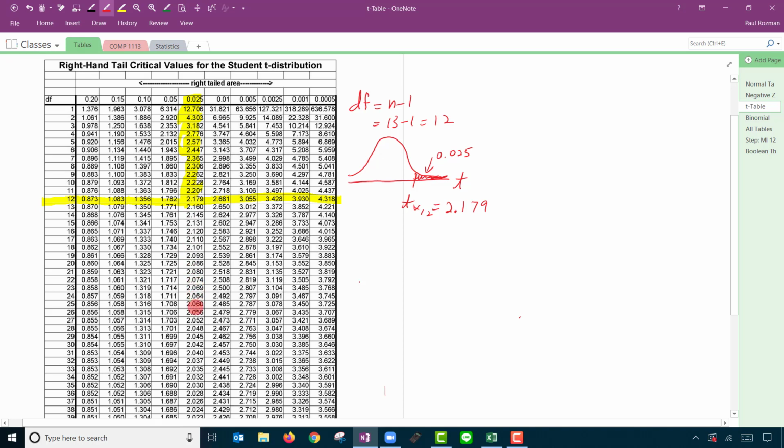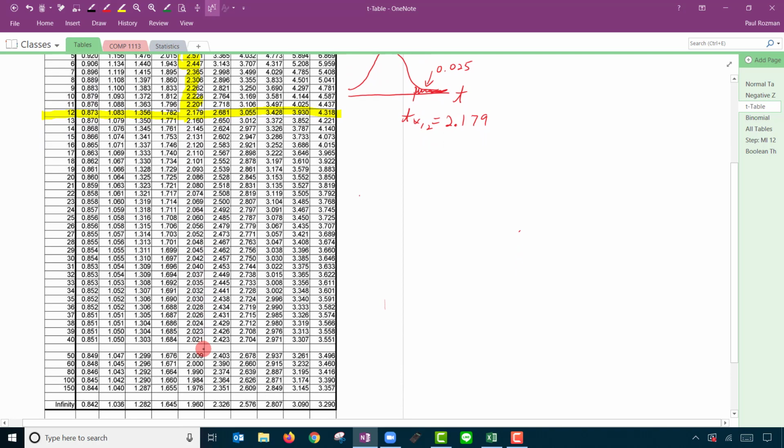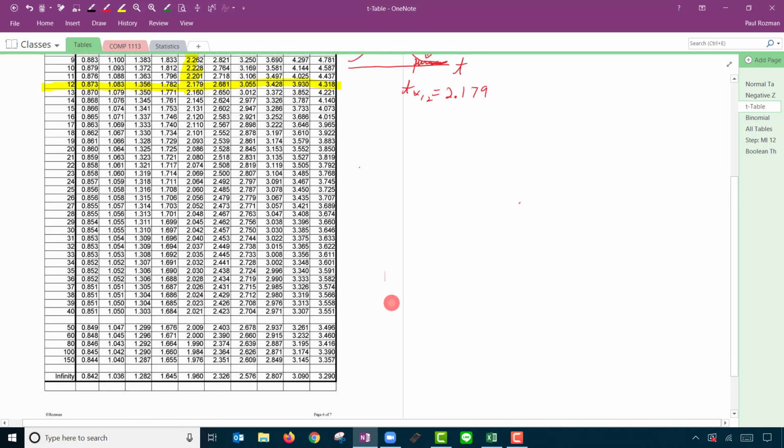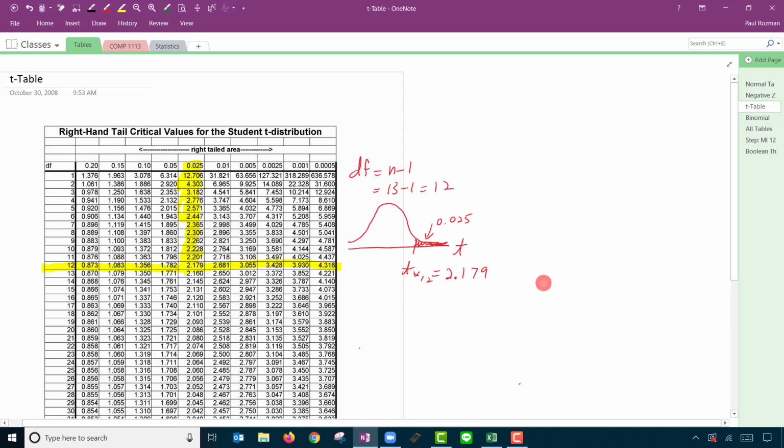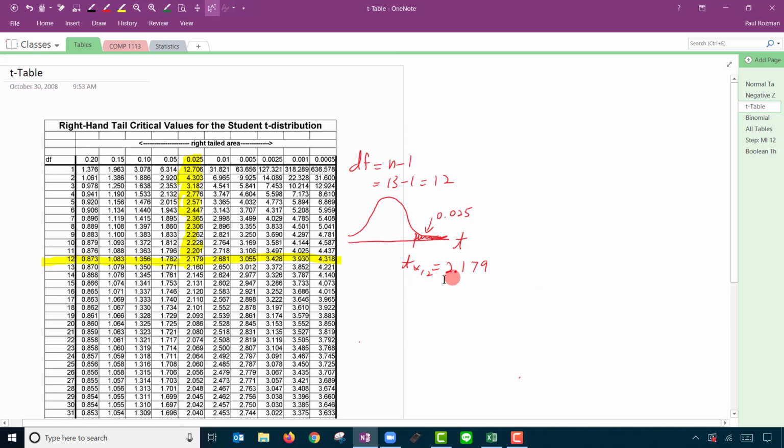You'll see that once you get into the 20s and 30s, it is pretty much 2. Once you get to a sample size of infinity, it matches what's in the Z table of 1.96. So the t table approaches the Z. Anyway, our critical value here is 2.179.